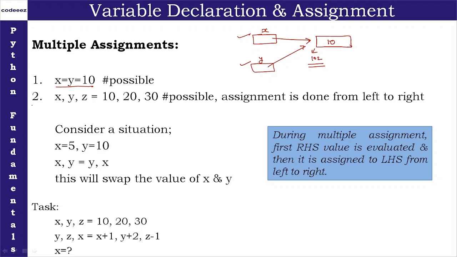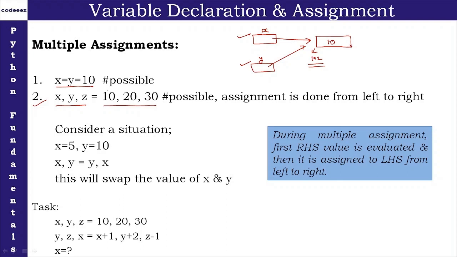Consider another situation, x comma y comma z equals 10 comma 20 comma 30. This is also possible in Python, where the assignment takes place from left to right. So what happens?